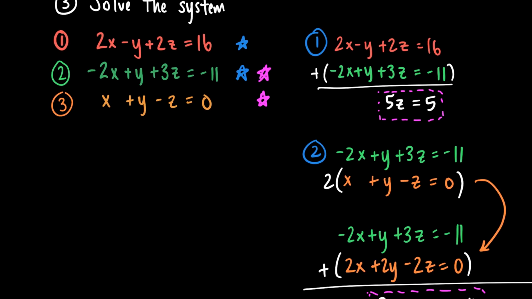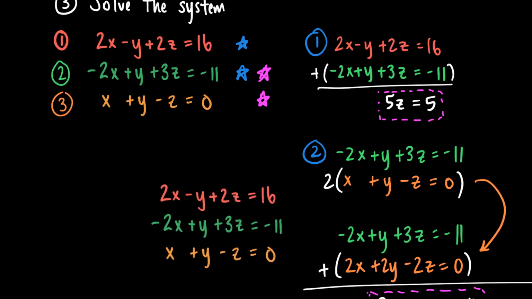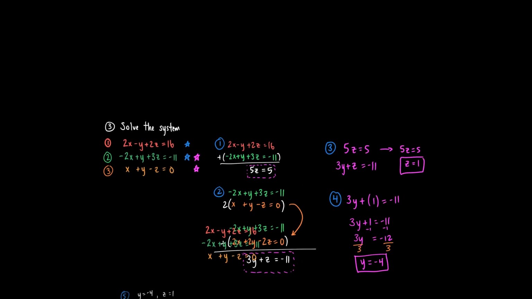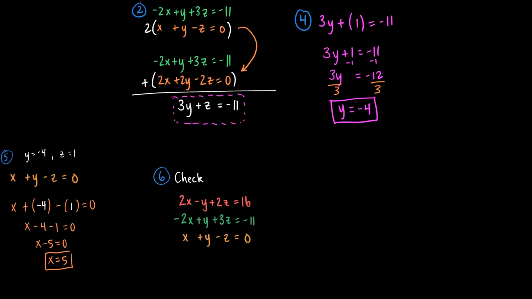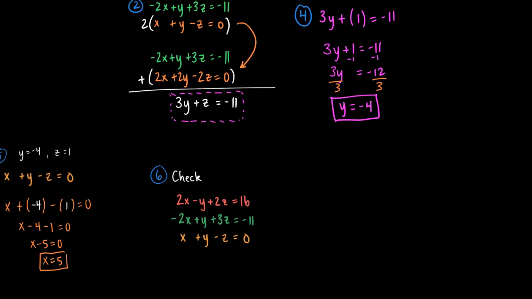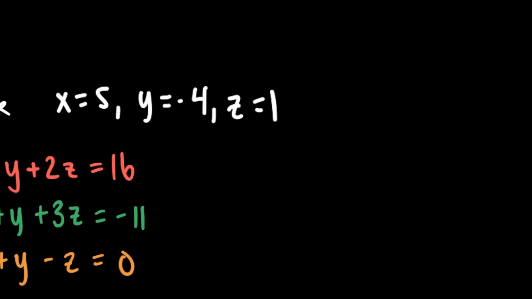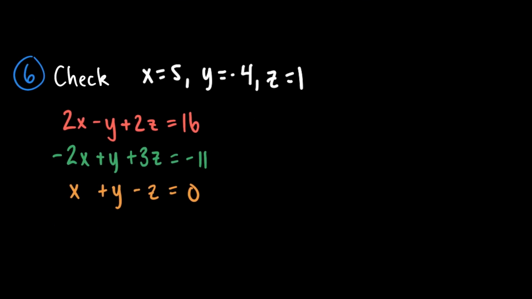I'm just going to copy that, and we'll bring it down. And supposedly, I'll write these down before I forget, x is 5, y is negative 4, and z is 1. We'll come check these and make sure they work, and then we'll be done.